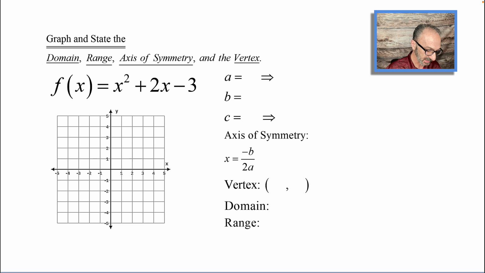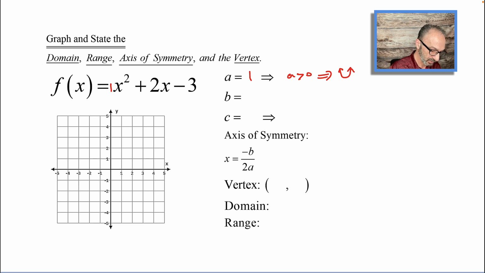f of x equals x to the second plus 2x minus 3. A is 1. I know it's not mentioned, but we agree that this is 1 right here in front of x squared. That means a is positive, which means the graph opens up.